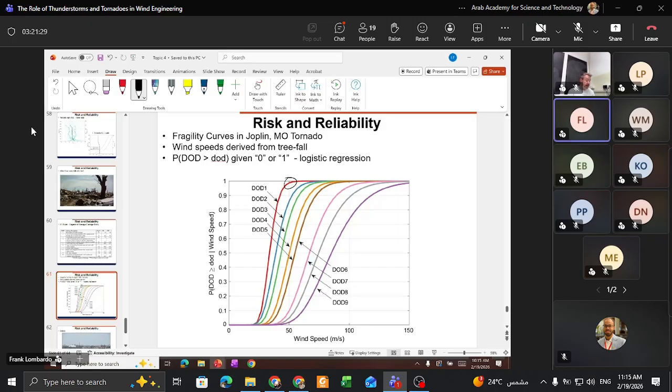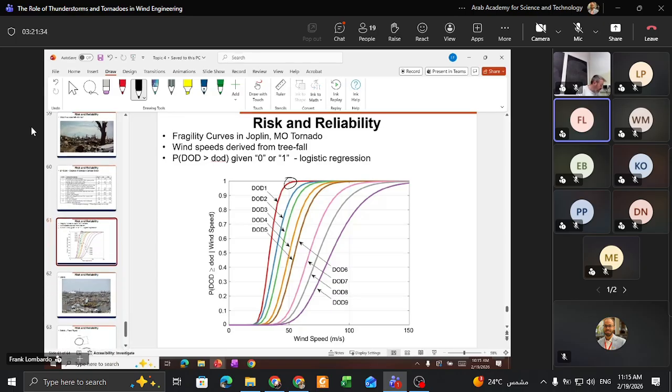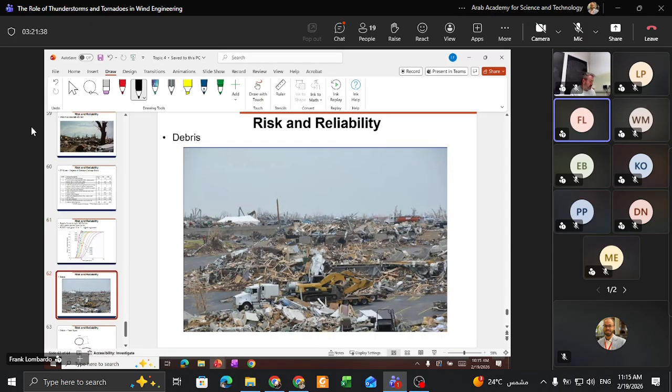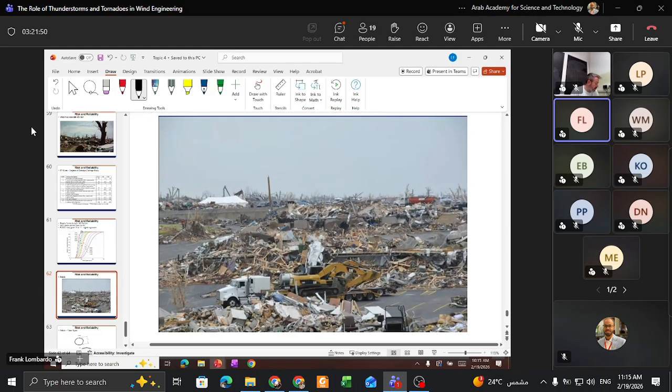Okay. All right. So, one thing we haven't talked about, and we'll talk about a little bit today, is debris. Okay, we've sort of danced around the issue. We haven't talked about it a lot. We know it's going to be an issue, especially in tornadoes where there's just a ton. And here's an example from an EF5 tornado in Missouri, just to give you an idea of the scale, the volume of debris that's left behind after these events.